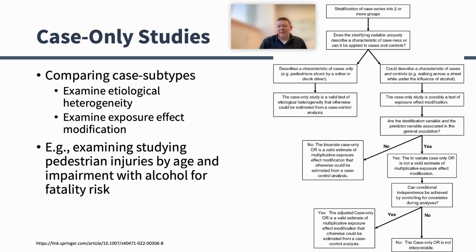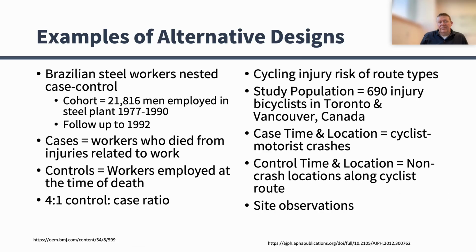And so they can also be useful studies that are related to the case control design. So here are two examples of these alternative case designs. One is the Brazilian steelworkers, who were a nested case control study. The cohort was over 21,000 men that had been employed at a steel plant in Brazil between 1977 and 1990.